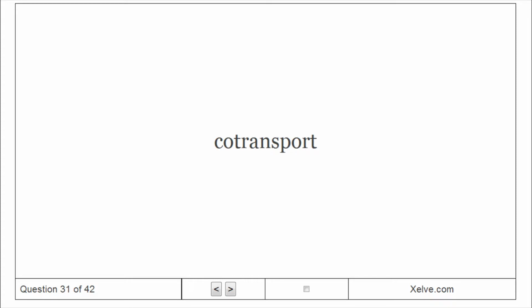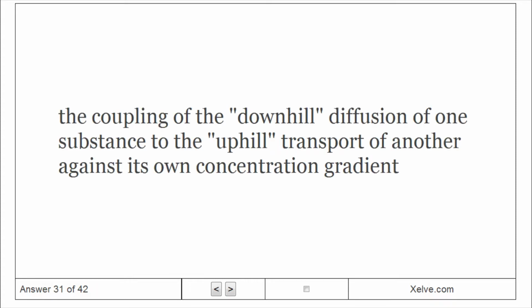Cotransport, the coupling of the downhill diffusion of one substance to the uphill transport of another, against its own concentration gradient.